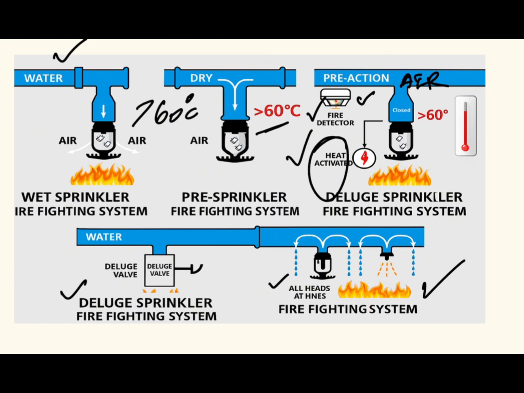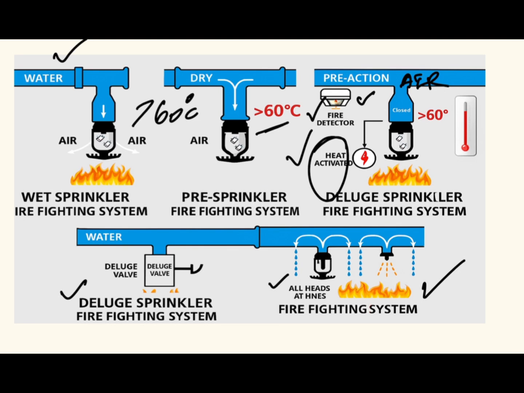Now let me summarize one more time. Wet and dry both depend on sprinkler head activation, right? As soon as heat reaches a certain temperature, the sprinkler head will be activated.